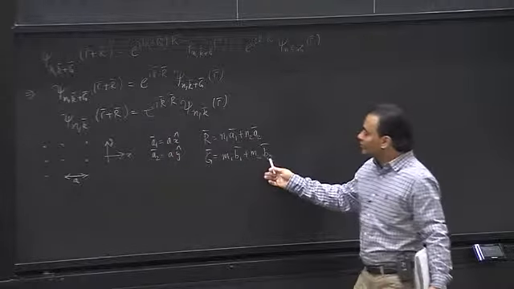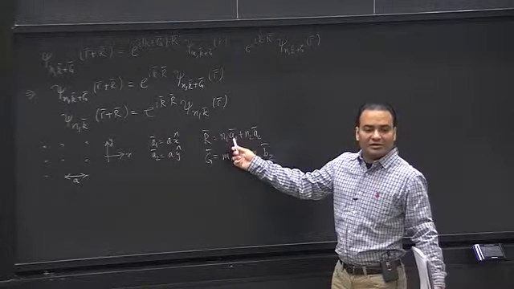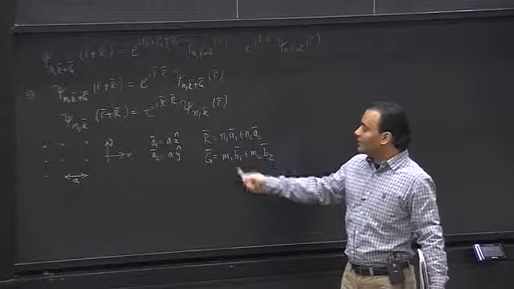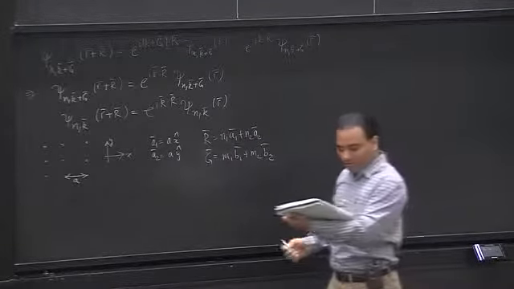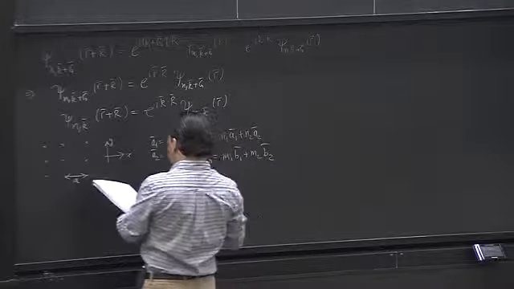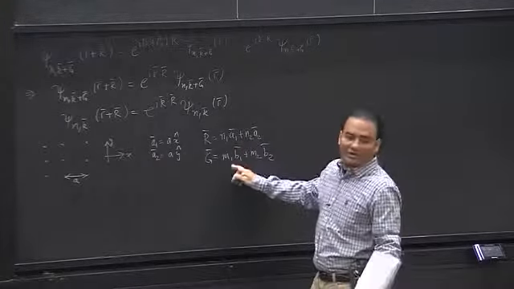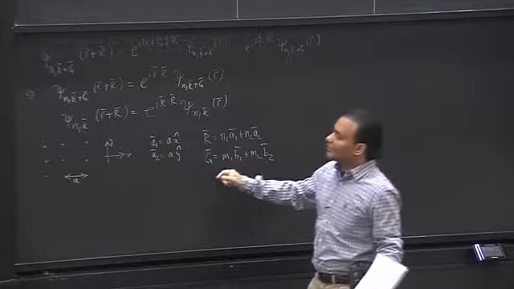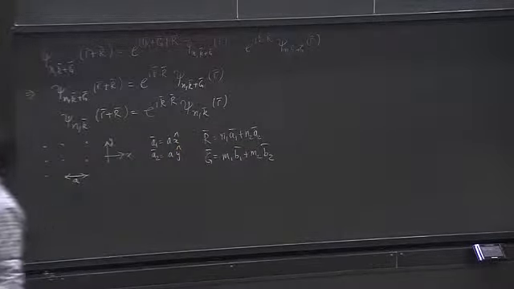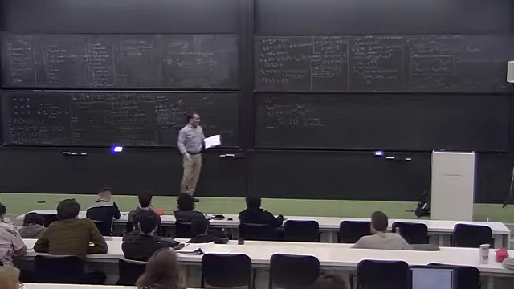We want b2 to be orthogonal to a1 and b1 to be orthogonal to a2. So b2 must be along y, b1 must be along x, and then you can use again this equation to find out exactly what they are.